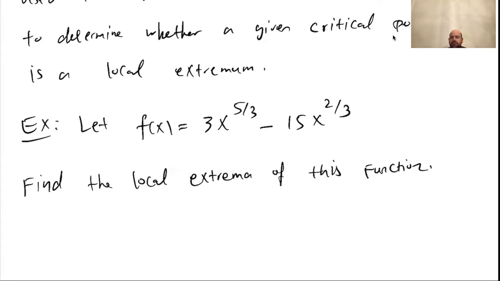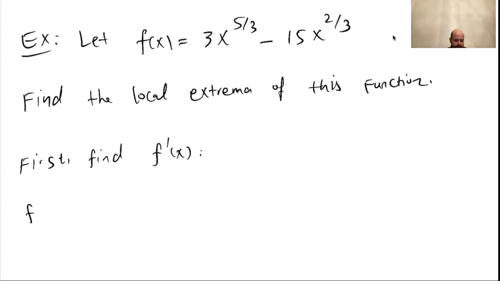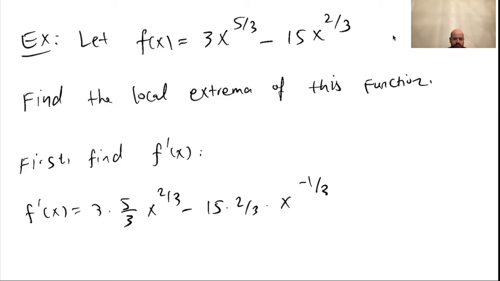So first we need to determine the critical points, the points where f prime is equal to 0 or f prime does not exist. So let's first find f prime of x. So f prime of x equals 3 times 5 over 3, x to power 2 over 3, minus 15 times 2 over 3, x to power minus 1 over 3, right?